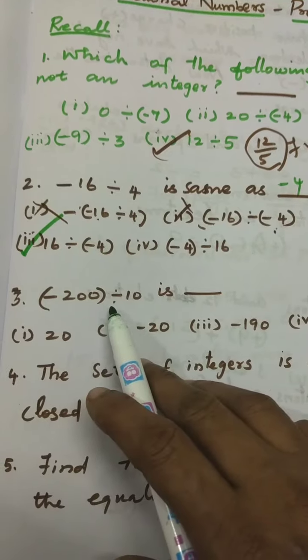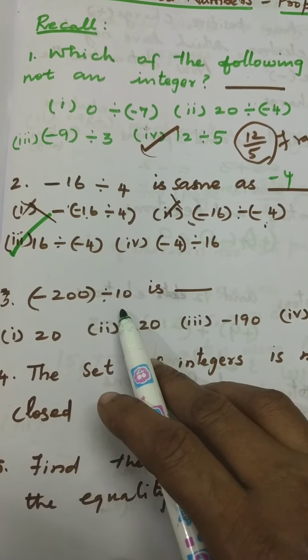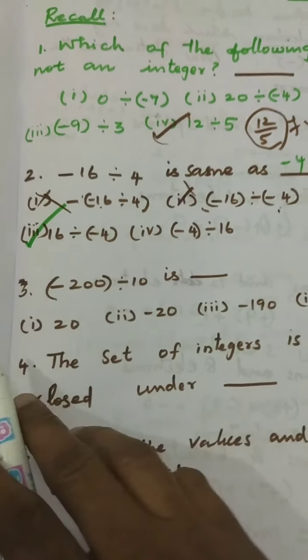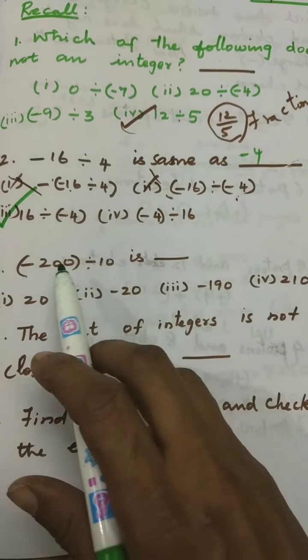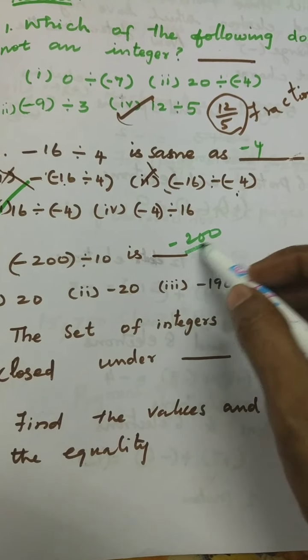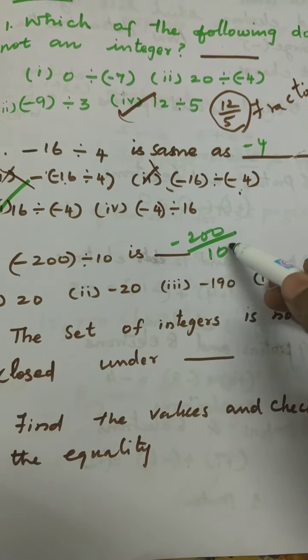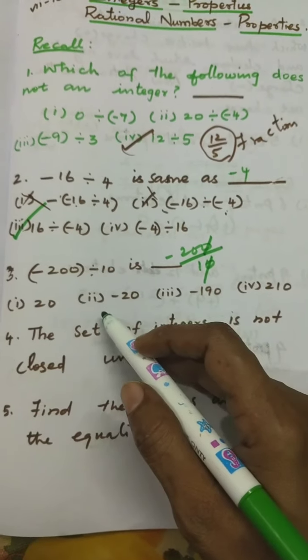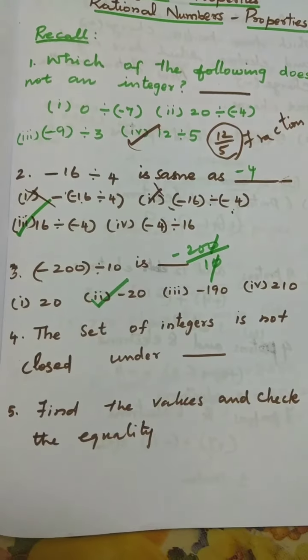Next one, minus 200 divided by 10. Which is the answer given? Minus 200 divided by 10, you have to cancel the 0. The answer is minus 20. Where is minus 20 here? In the second one.